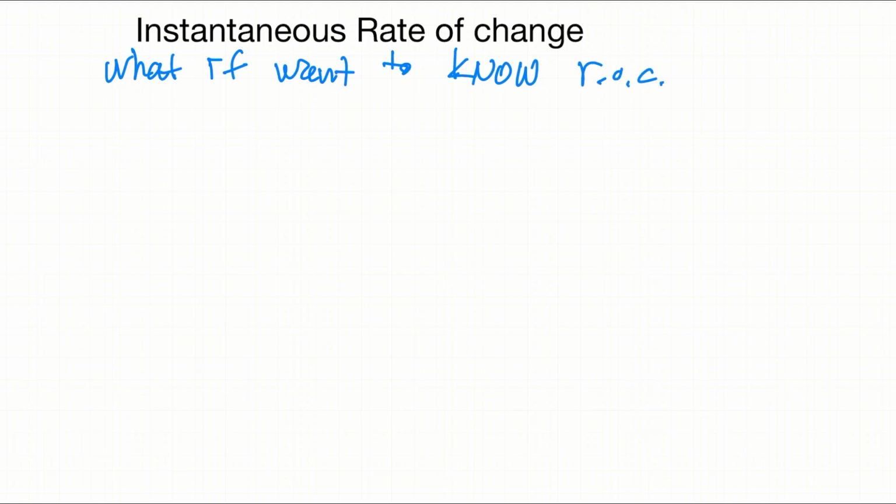Now let's look at the case where we want to know the rate of change of the position as a function of time. Let's look at one particular point, t is equal to a.